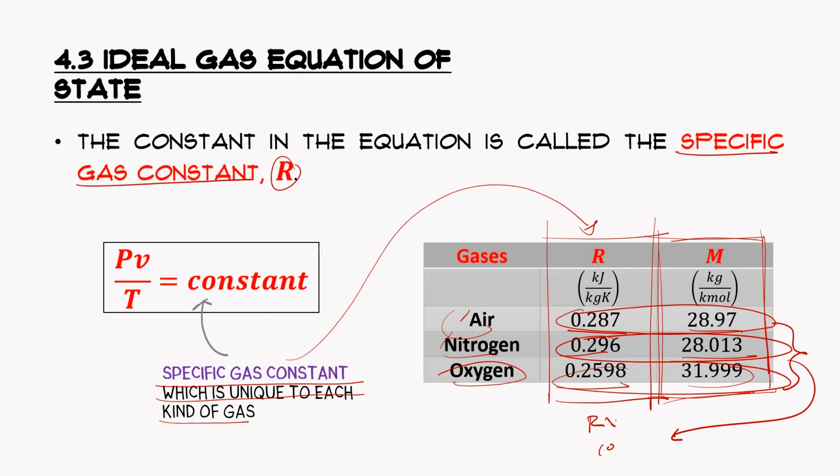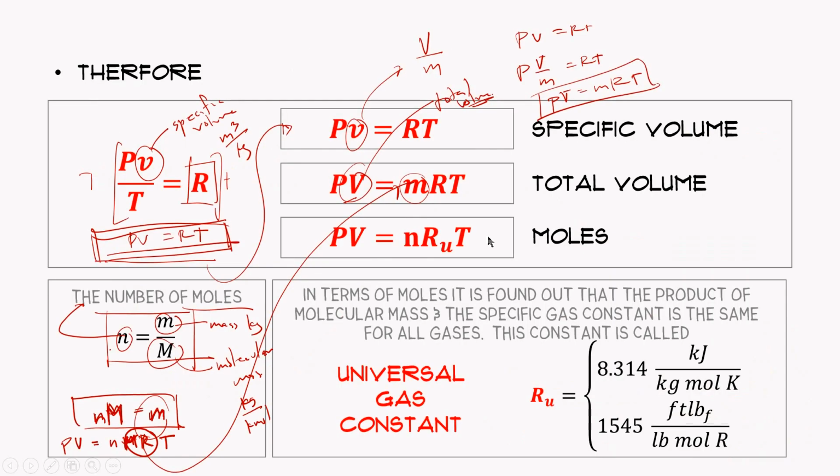So R times M, we have a constant value, and that constant value is what we call the universal gas constant. We use the symbol R_U. That means it is the same for all types of gases. That's why we say universal gas constant.